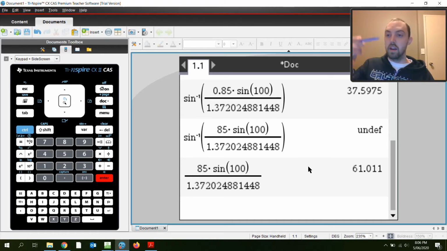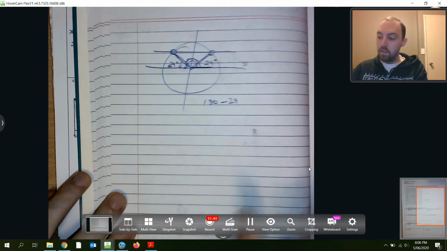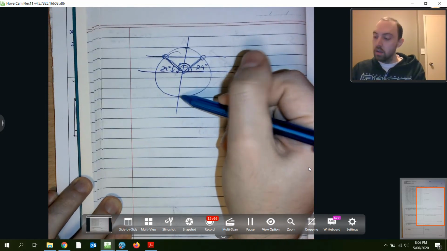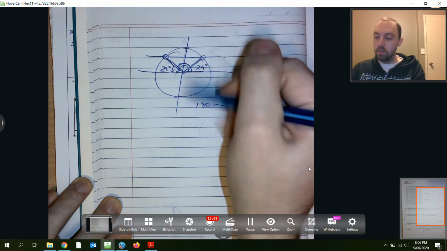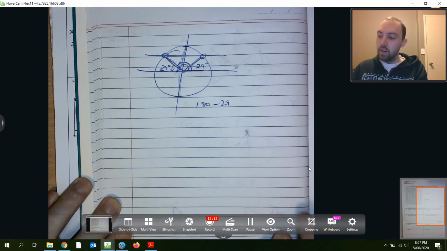It's that sine has to have a maximum of 1 or a minimum of -1. It just comes from the unit circle. So if you're trying to do the inverse of a value that isn't between 1 and -1, sine is your height, then you're going to get a math error because it doesn't exist.